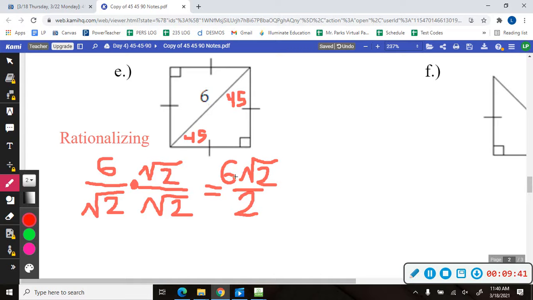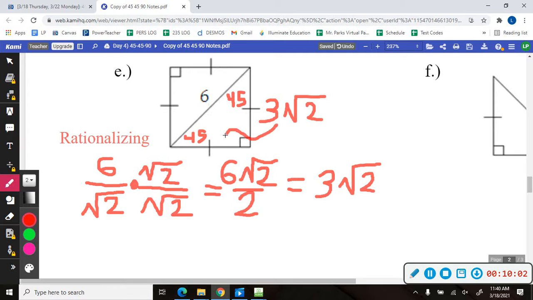But I can reduce 6 divided by 2, which is 3. So this equals 3 square root of 2. So I can label this 3 square root of 2, and I'll just put an arrow for both.